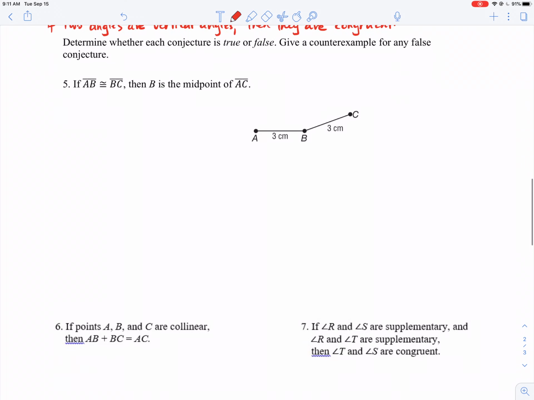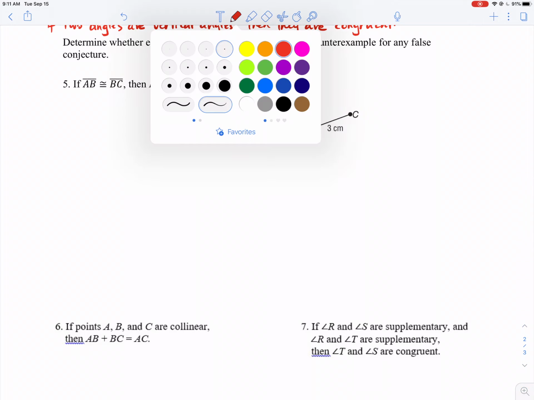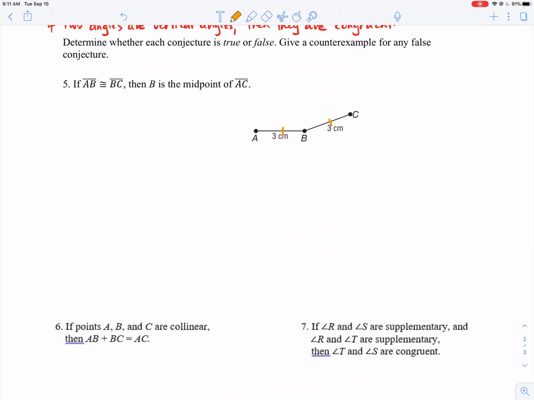Number 5. If AB is congruent to BC, so we see that they're both 3 centimeters, then B is the midpoint of AC. If you remember from our definition, if A, then B, then C, and AB is congruent to BC, then B is the midpoint of AC.